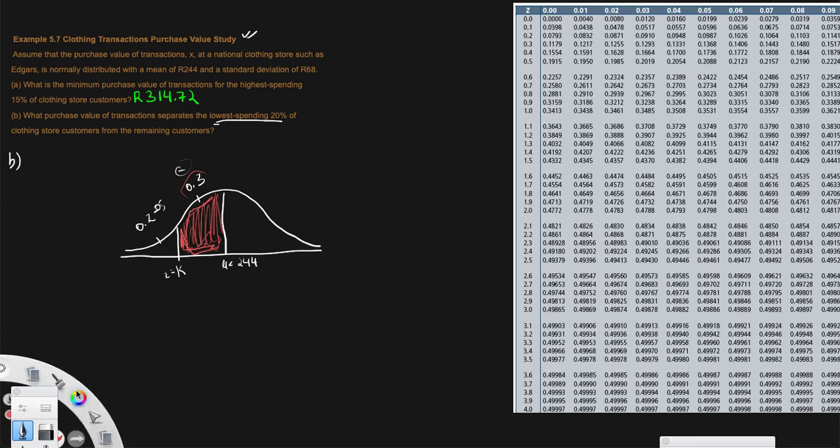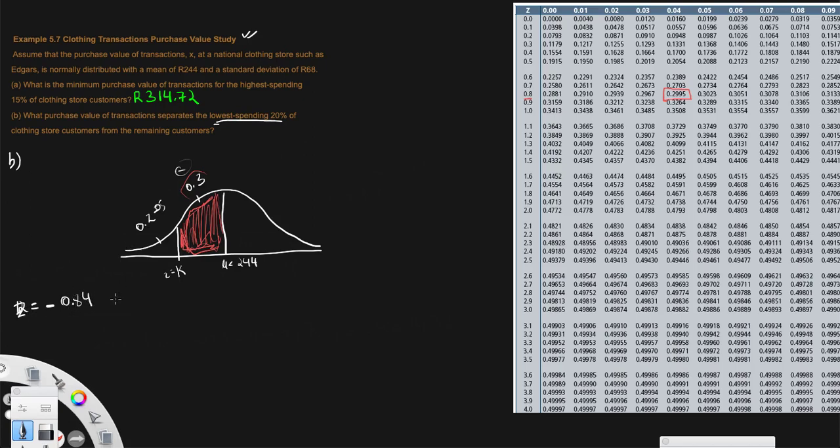Let me look for 0.3, or the closest value to 0.3 here will be here, and I'll get 0.2995, which is the closest value to 0.3 there. Therefore, I will write that my k is equal, don't forget the minus, say your z. Sorry, I always keep saying k. Now it becomes your z, minus 0.84.